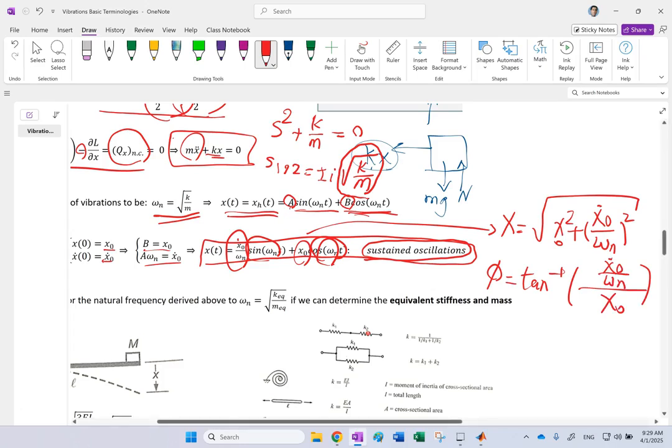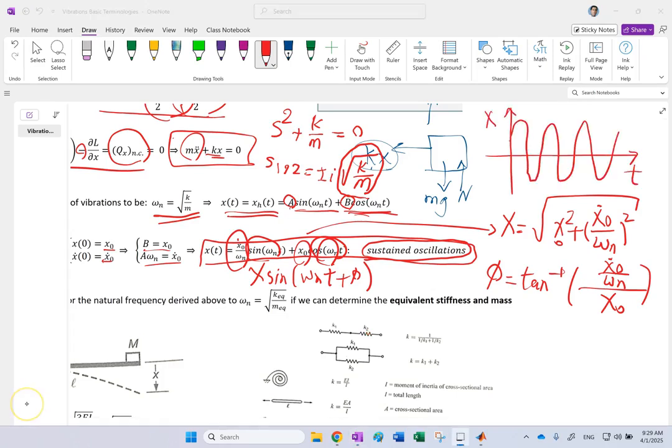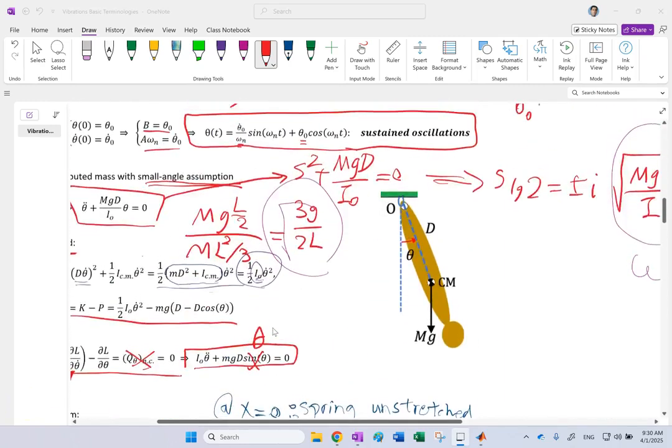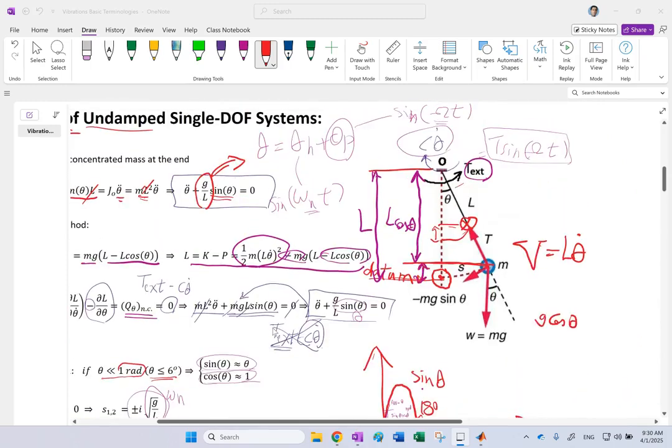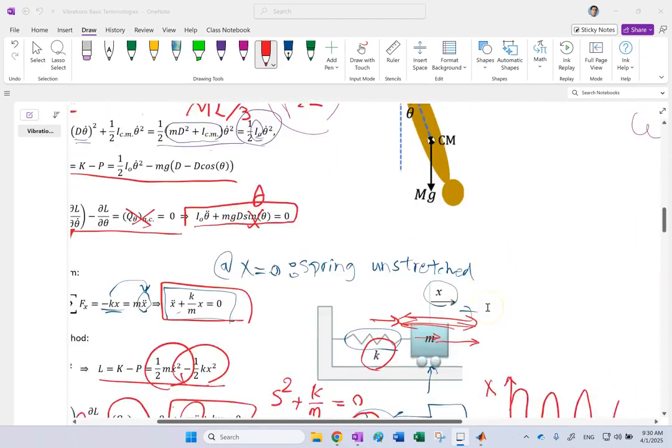So you can write that whole thing as x times sine of omega n t plus phi, where x and phi are coming from these two formulas. But again, the response is, as I said, sustained oscillation. Okay, good. So this is about these three simple systems: pendulum with concentrated mass, with distributed mass, and the mass spring system with nothing else.